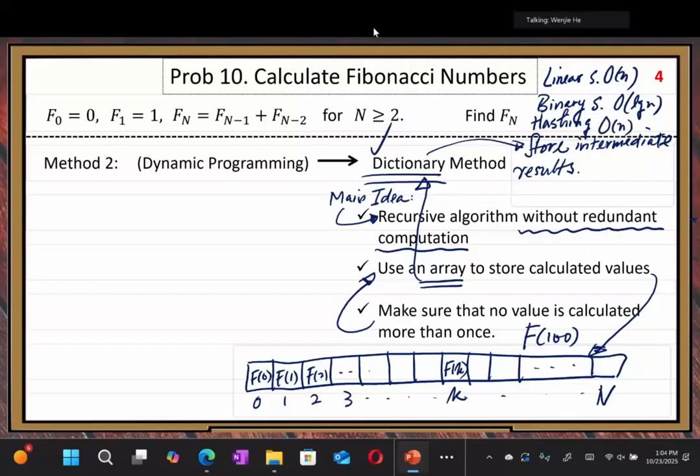After you complete building it, the search is extremely fast, big O of 1. That's hashing.